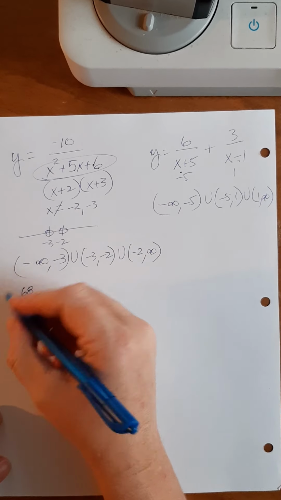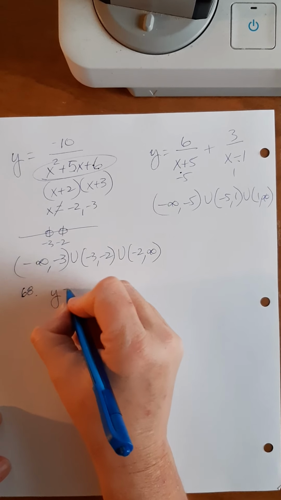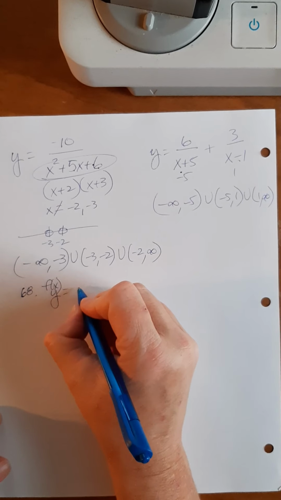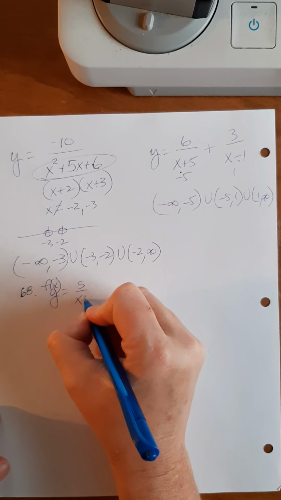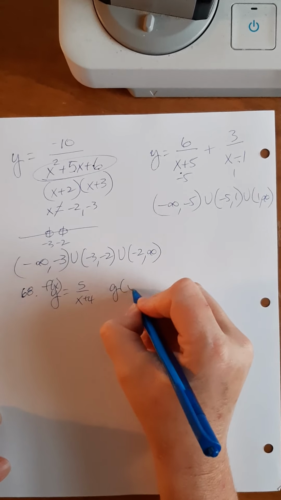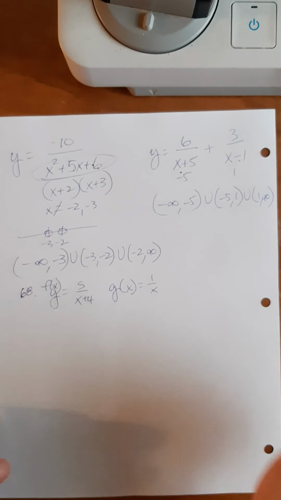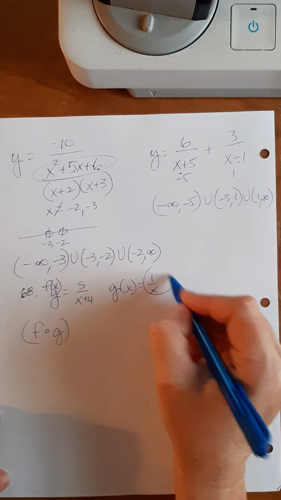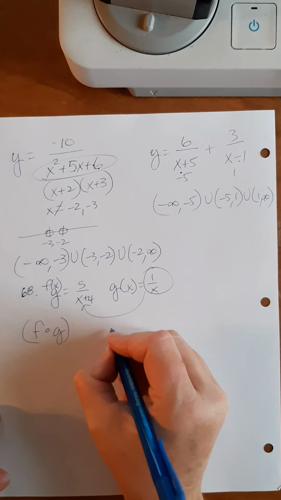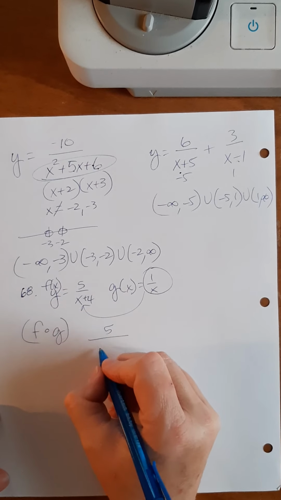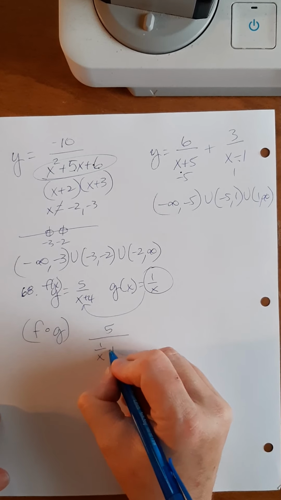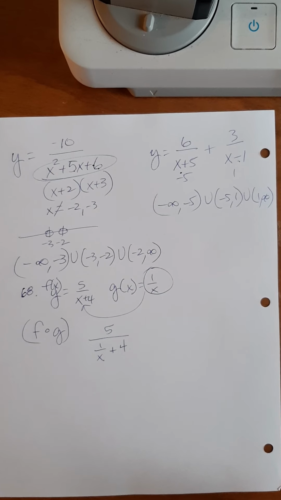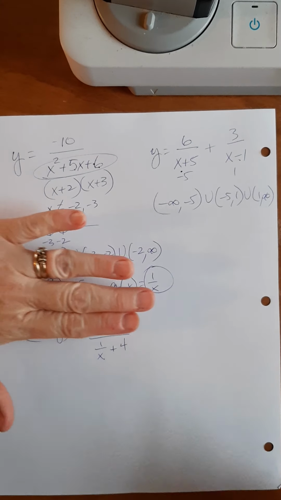We'll just do 68 in the book. So f of x equals 5 over x plus 4. And g of x is 1 over x. So if you wanted to find f of g, plug all this into there. So 5 over, this is going to be so much fun, 1 over x plus 4. So remember, before you can do outers over inners, you've got to get a common denominator of the bottom.